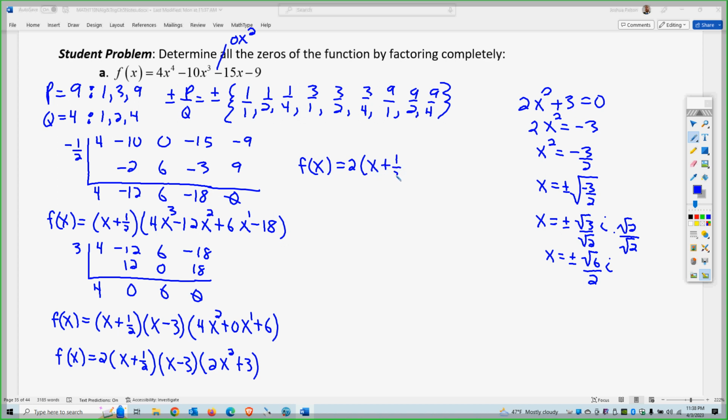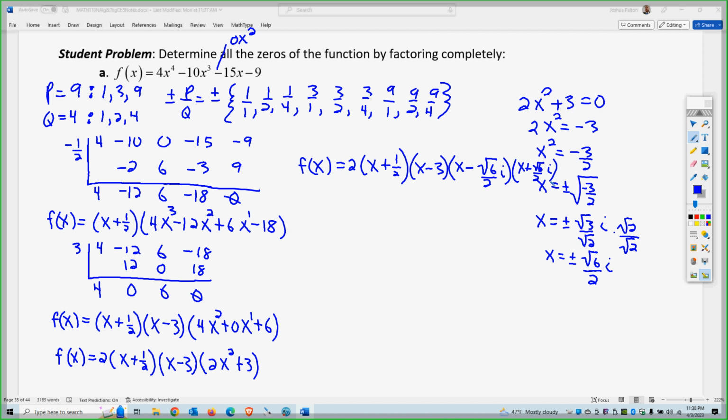Some people actually combine the 2 and the x plus 1/2 to get 2x plus 1, and then x minus 3, and then x minus root 6 over 2i, and then x plus root 6 over 2i.